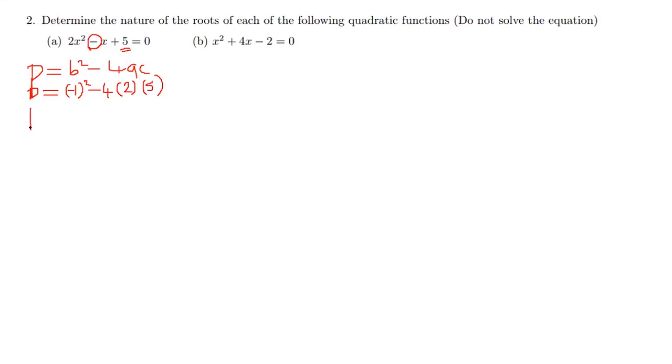So now we find D. (-1) squared will give you 1, and then minus 4 times 2, you get 8, times 5, you get 40.